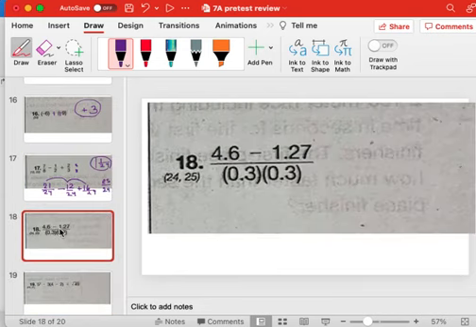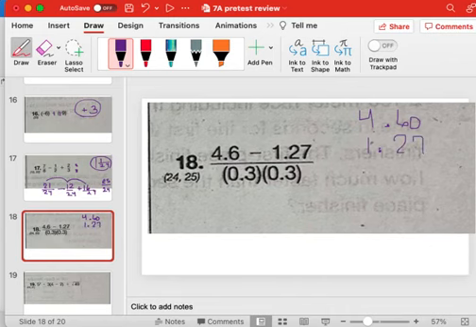All right. Okay, 4.6 minus 1.27. We've got some good decimal action going on here. All right, so we're going to take our numerator and 4.6, and I'm just going to make that 4.60 so that I have enough digits for everything, and a 1.27, because this is where we have to line up our decimals, isn't it?